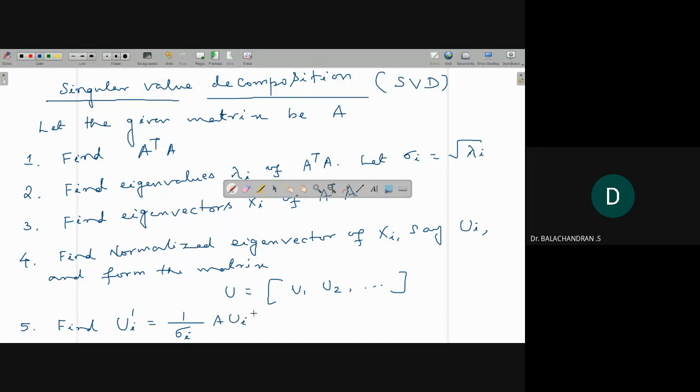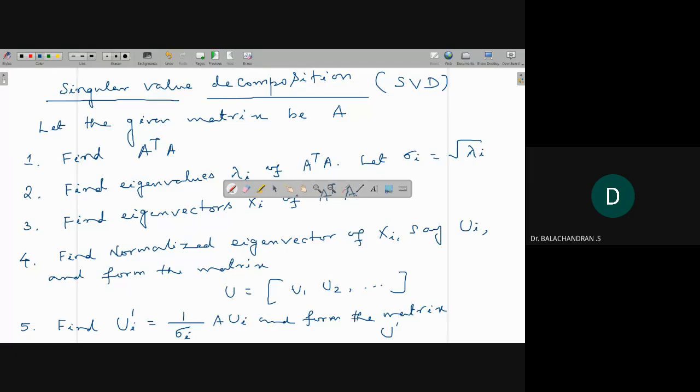Here you get the normalized eigenvector. And form the matrix capital U dash.